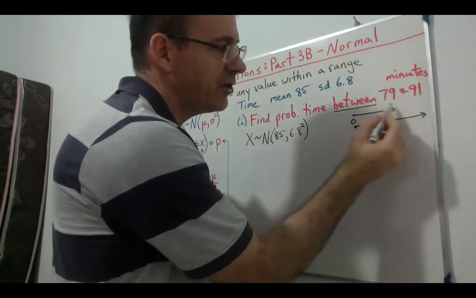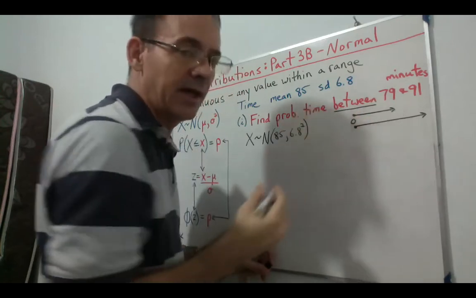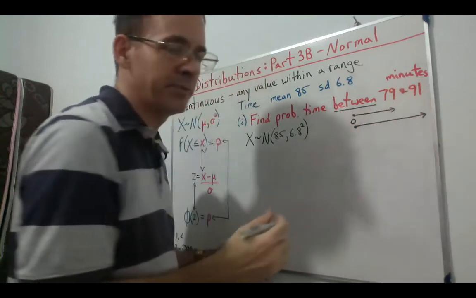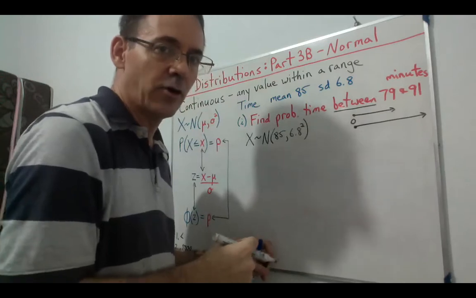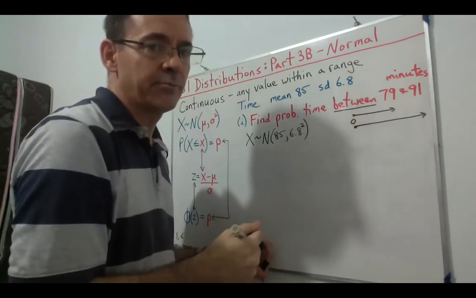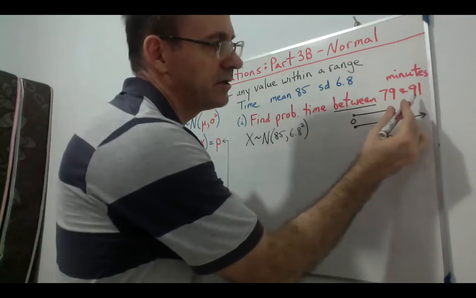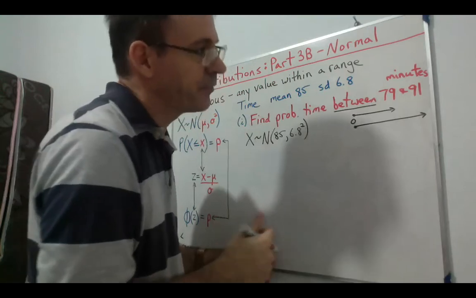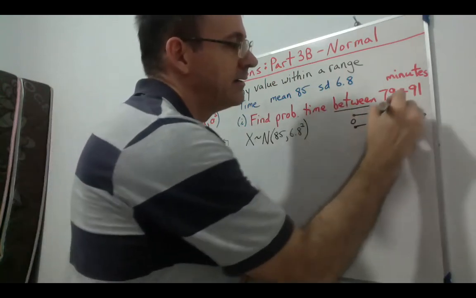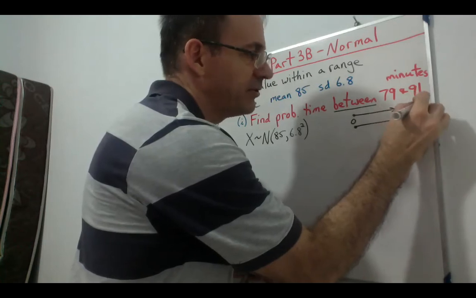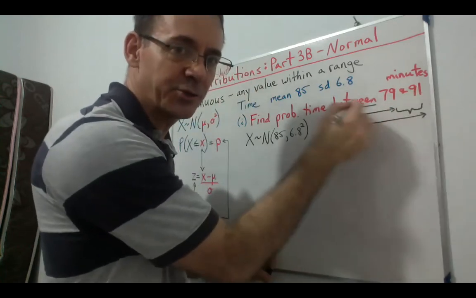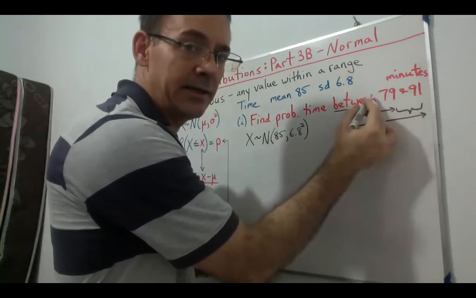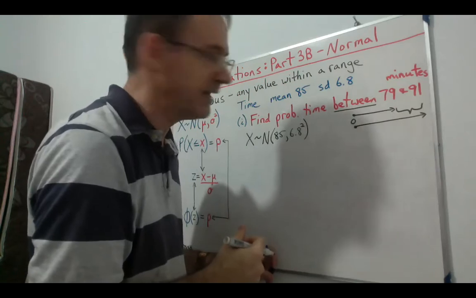So there's a certain probability of your time being 79 minutes. There's also a higher probability that you're less than or equal to 91 minutes. So if you want this between value, you have to subtract the larger one minus the smaller one. So we want the probability of the 91 minus the probability of the 79.